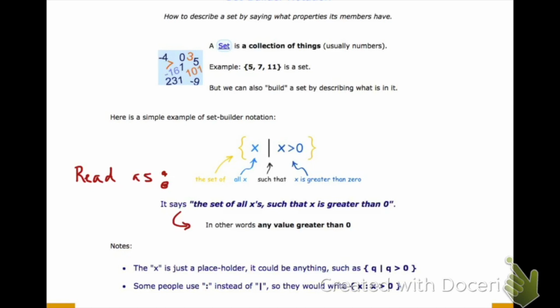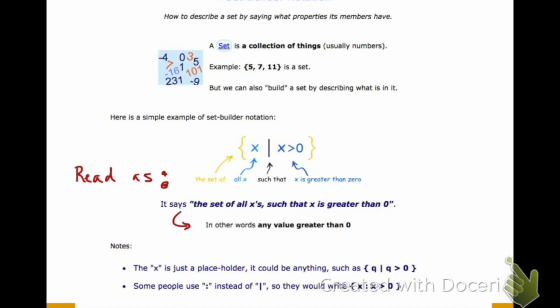This line always means, in this case, such that, or we can read this as the set of all x's, or the set of all numbers, such that, then we add our characteristic, in this case, that x is greater than 0. So this is read as the set of all x's such that x is greater than 0. Or in other words, any value or number greater than 0.